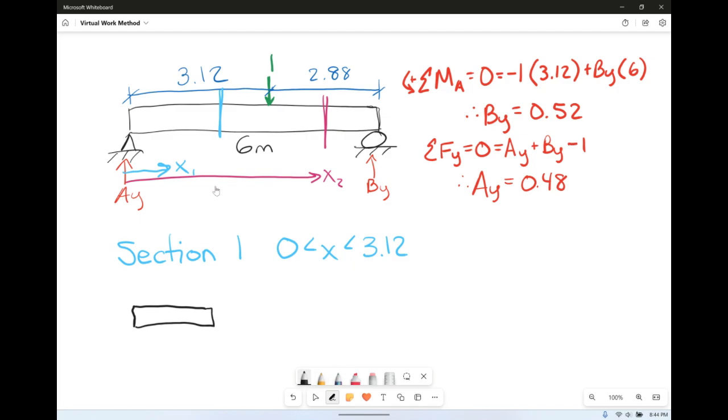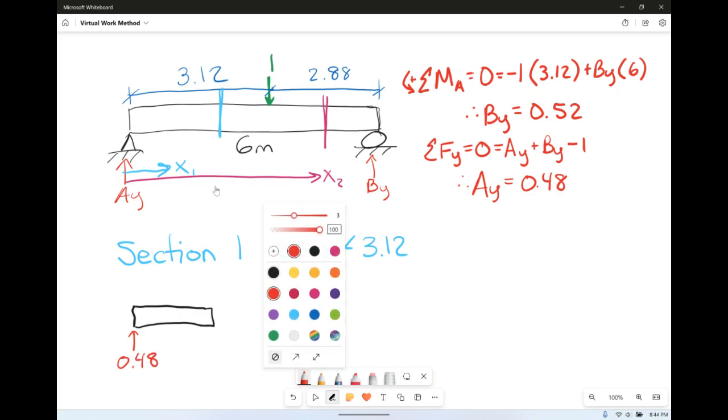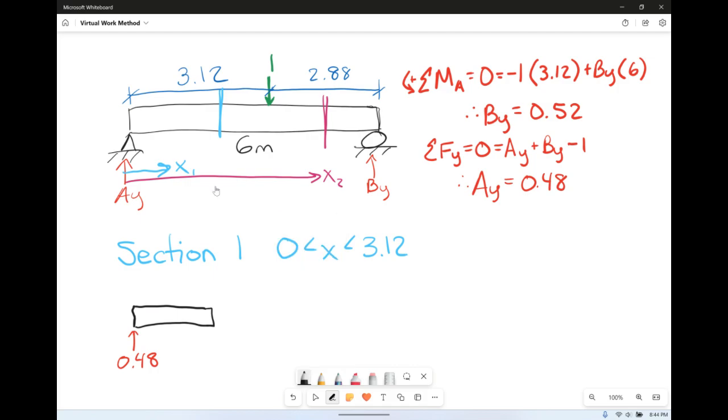On our beam, we have our AY reaction, which is 0.48. And we don't actually get far enough to include our load. So we have shears down, normals over, and little baby m1. Of course, this distance is x1.